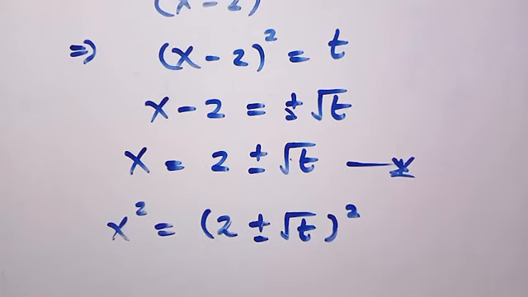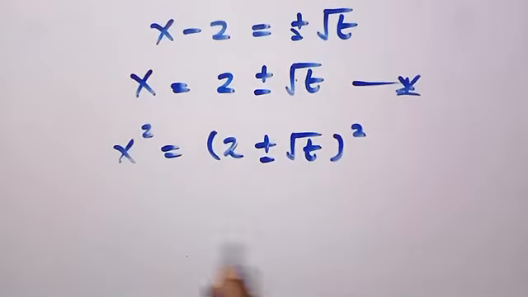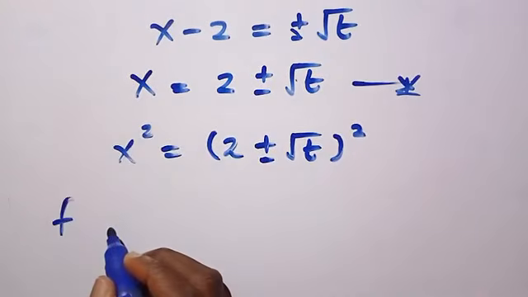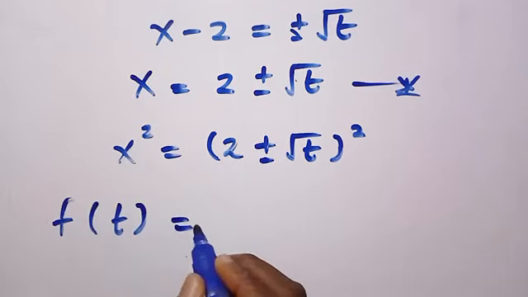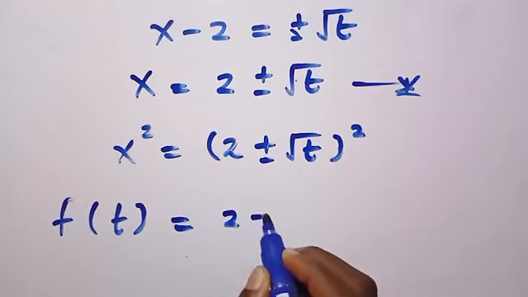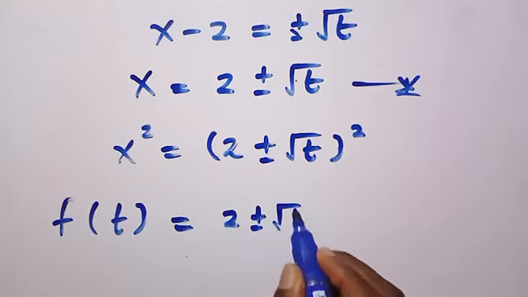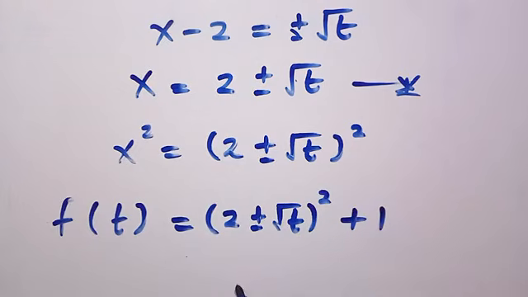Let's come back to the question itself and substitute back into the function. So the function is f of x squared minus 4x plus 4, which is represented by t, equals x squared plus 1, and as x squared is now 2 plus or minus the square root of t, all raised to the power of 2, plus 1.